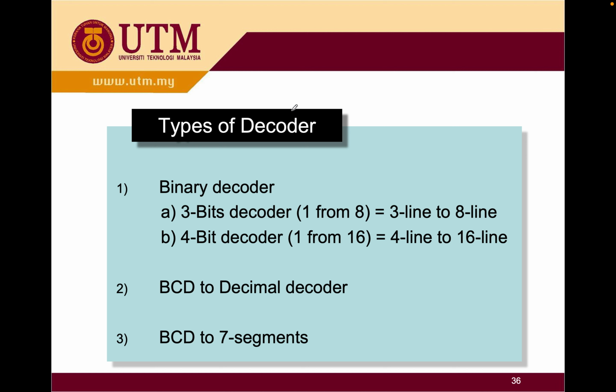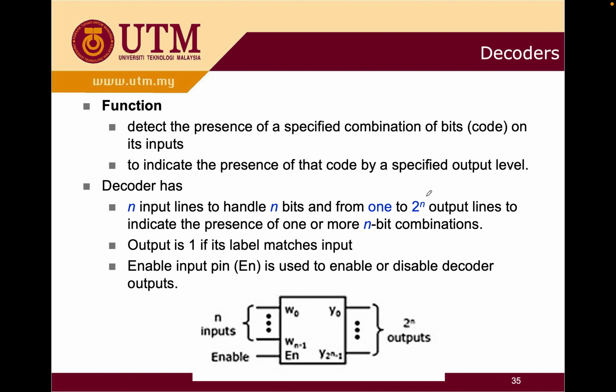So you can see here, example types of decoder. For 3 bits, you're going to have 3 lines for the input and 8 lines for the output. 1 to 8 decoder. 4-bit decoder, 1 to 16. Okay, just now this one is a normal or basic decoder.